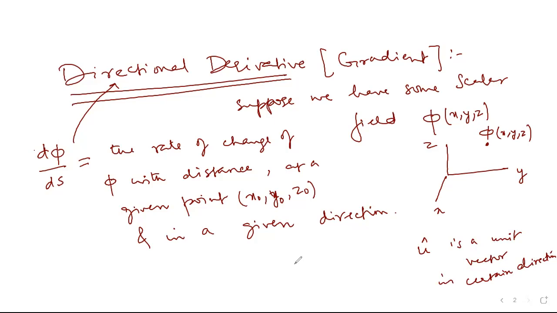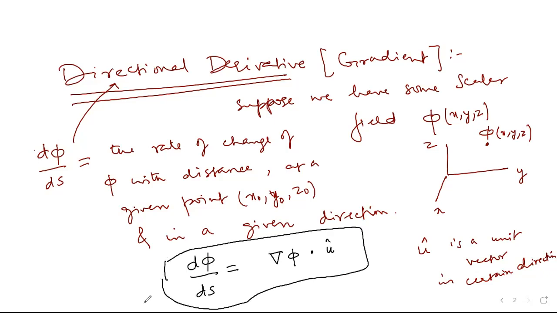Now we want to find the directional derivative at some general point in that direction. So how do we write it? This d phi by ds, directional derivative of phi, is del phi dot u cap. That means to find the directional derivative of phi in the direction of the unit vector, you have to find this dot product.